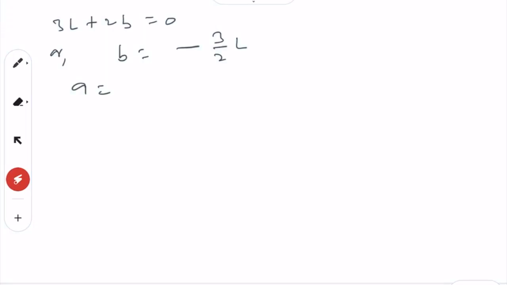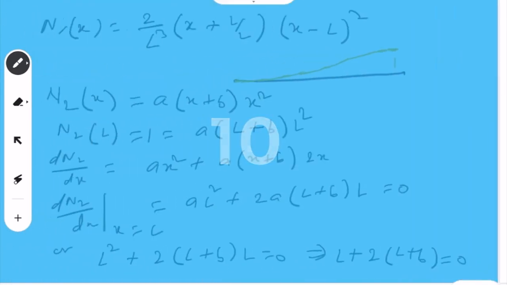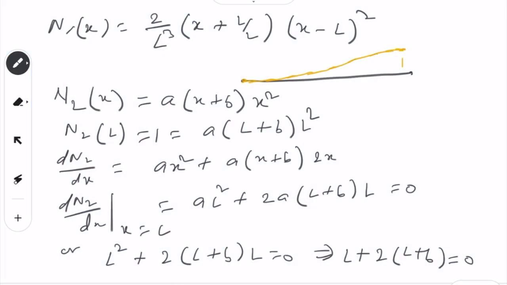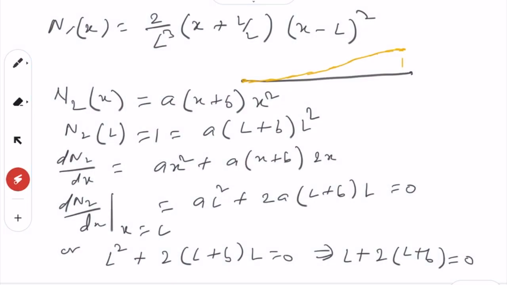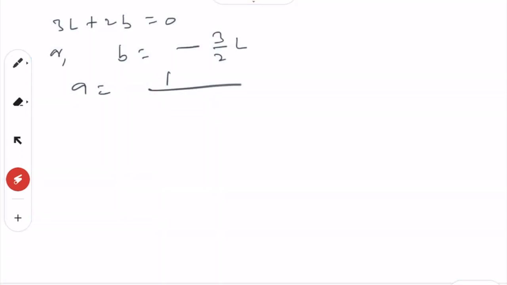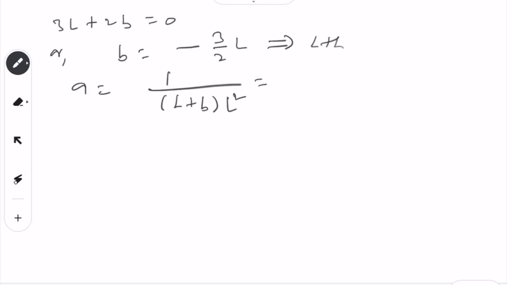So L plus b is equal to L minus 3 by 2 L, equal to minus L over 2.